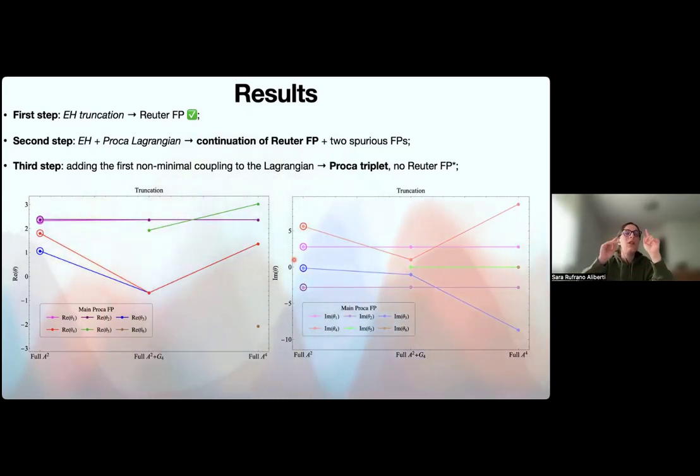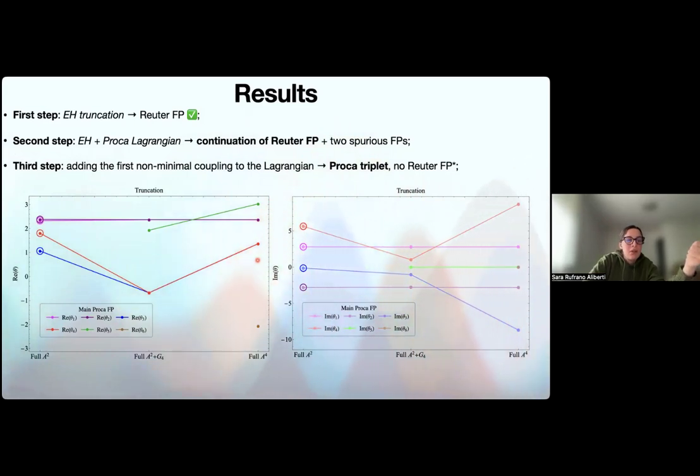Not only that, also looking at the values of the critical exponents of the main Proca fixed point, they are somewhat different with respect to the canonical values of the critical exponents. And so this suggests that we are looking at a highly non-perturbative ultraviolet completion for these theories.